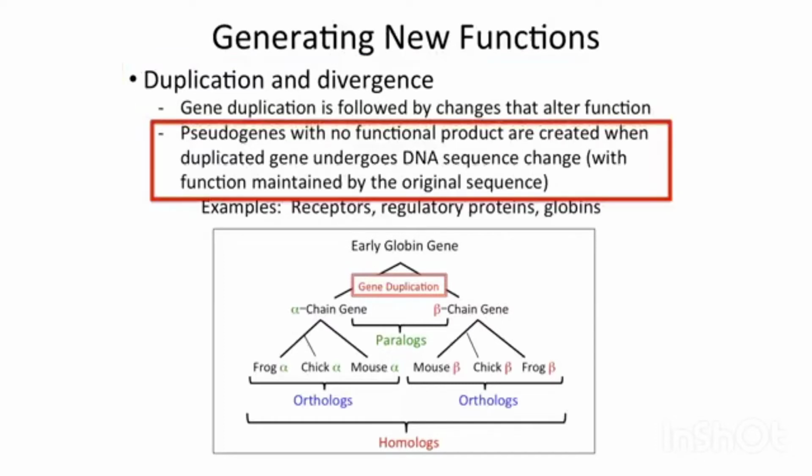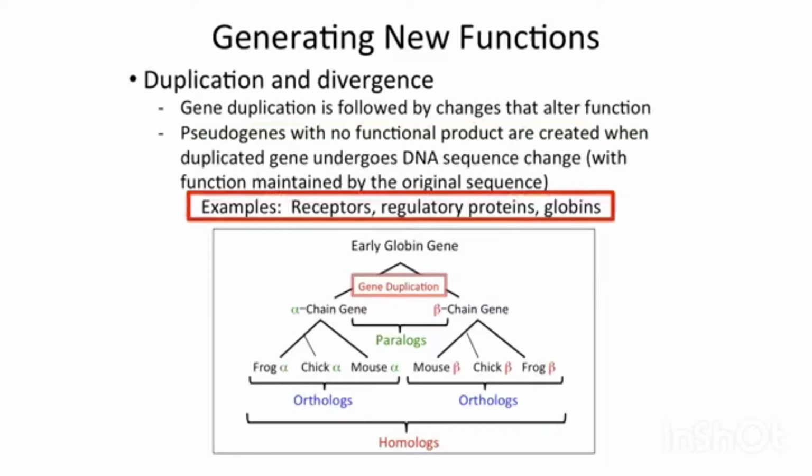There is no pressure on a duplicate gene to perform the same function, so its sequence may change and still retain the same function, or may change and become non-functional, called a pseudogene. Or the change in sequence can generate a new function. In this case, the original function is maintained by the original intact gene.